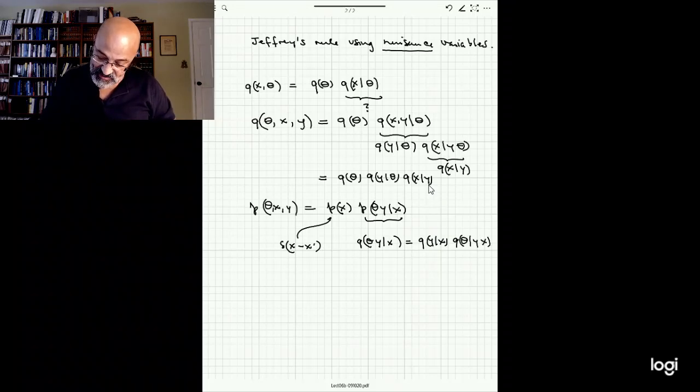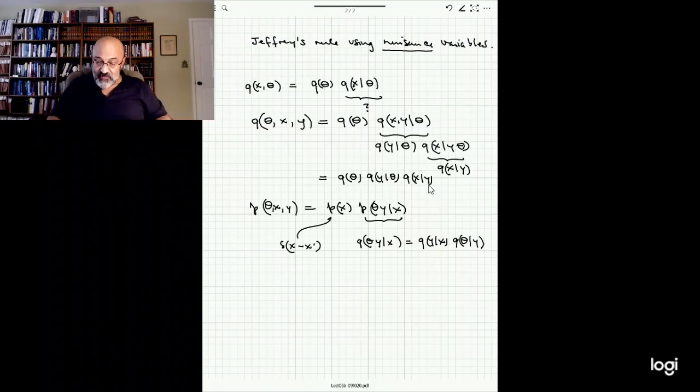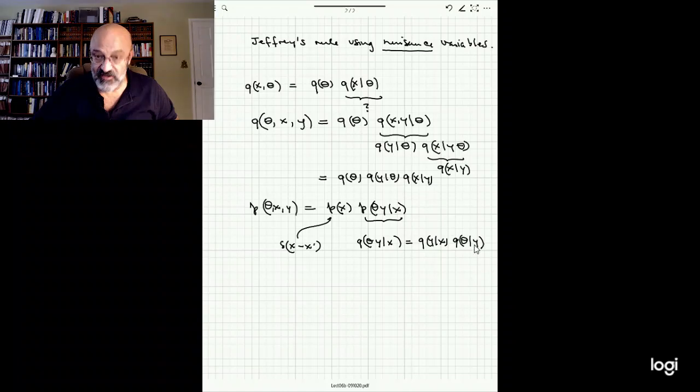But the idea is that this second piece here is not there. Theta is independent of x. So just like I said here, if x is independent of theta, of course theta is going to be independent of x given y. That's what I'm writing here.